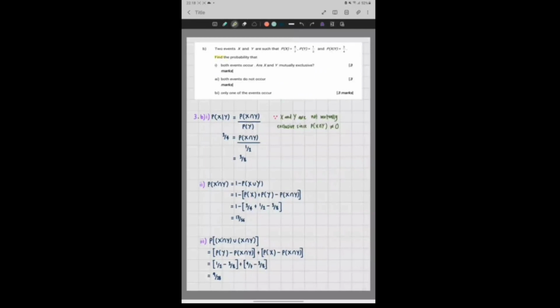The question asks to find the probability. 3b Roman, probability of x given y equals probability x intersect y over probability y. The probability of x given y and probability y are given in the question, so just add them in the formula, then calculate.